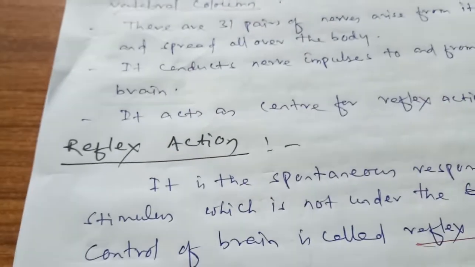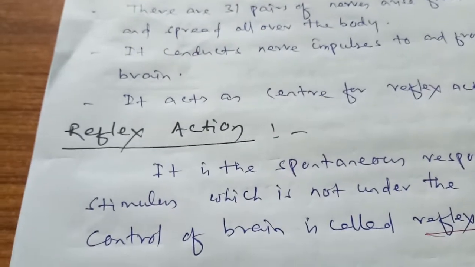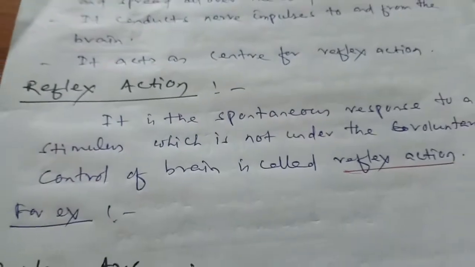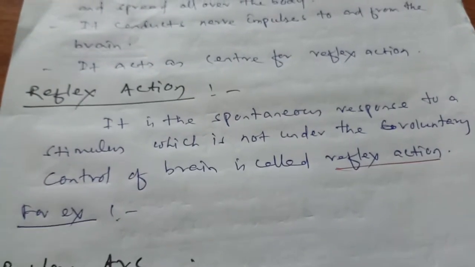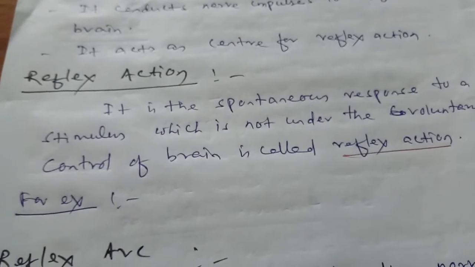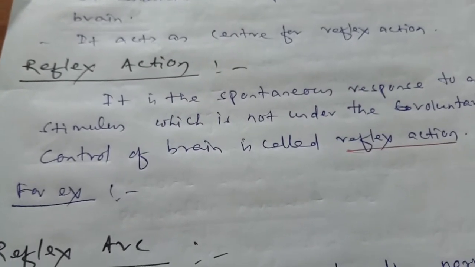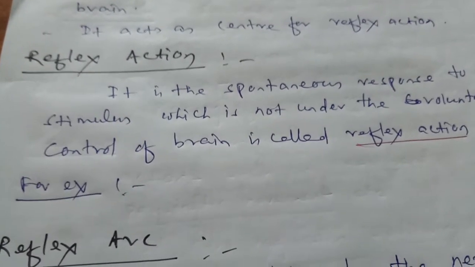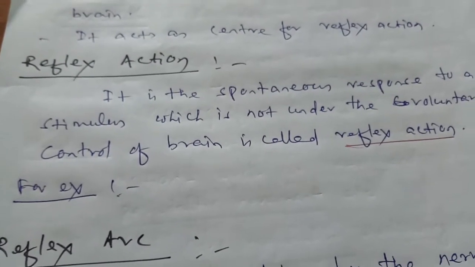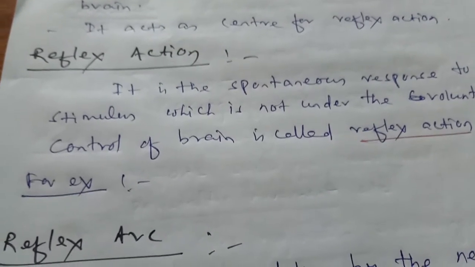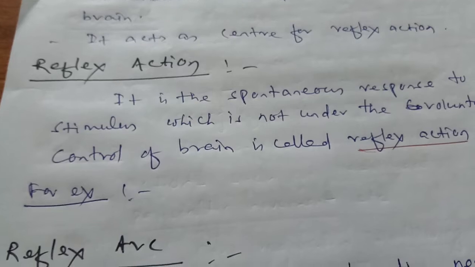Students, one very important function we should understand now is reflex action. Reflex action is the spontaneous response to a stimulus which is not under the voluntary control of the brain. A very good example, students: whenever our hand touches any hot object, our hand is immediately taken away from the hot object without thinking.